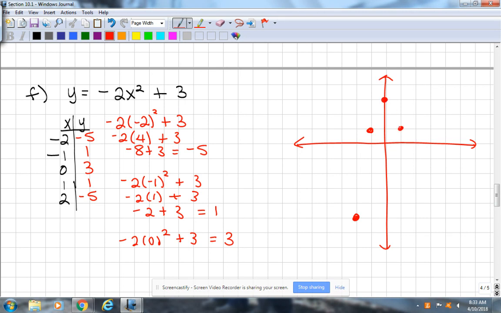Really skinny. And then they match up. Yeah, these skinny ones are hard to not make them look like a V. So were we right? Upside down, skinny, and up 3?